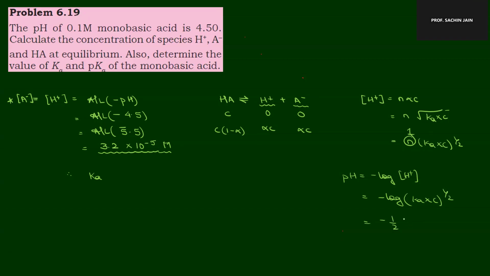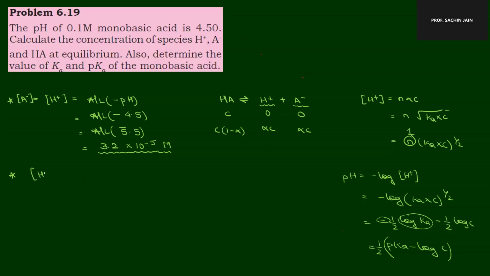So ये minus half हो जाएगा log of Ka and minus half log of C. अब negative log Ka को ही तो pKa. So pH equals half pKa minus log C. This is how we get. तो अगर फॉर्मूला आता है तो ठीक है, नहीं आता है तो डिराइव कर लो. मैंने आपको ये फॉर्मूलेस वगैरह याद रखने दिए भी नहीं है, कॉन्सेप्ट याद करो खाली. ठीक है.